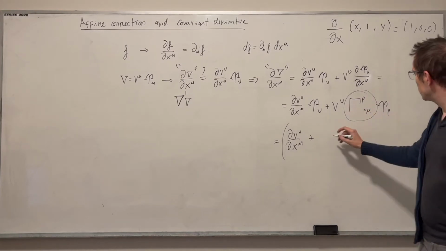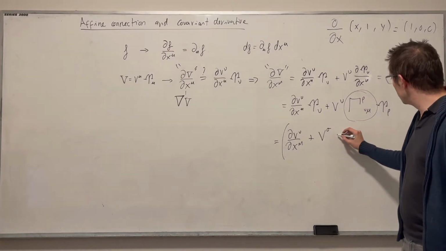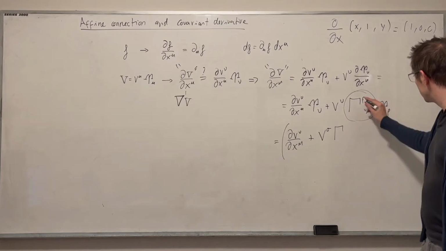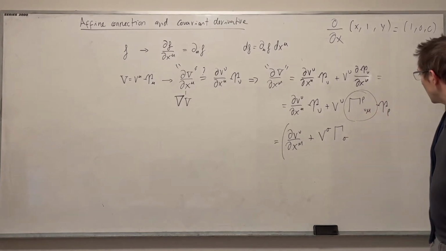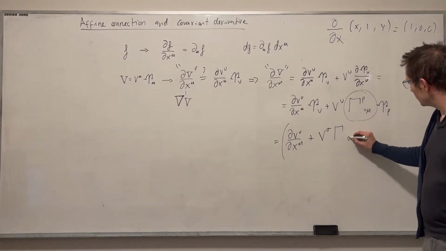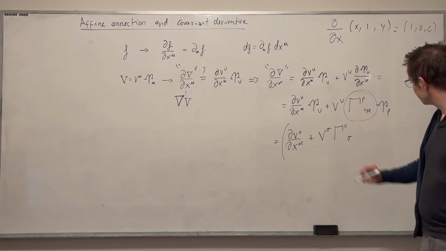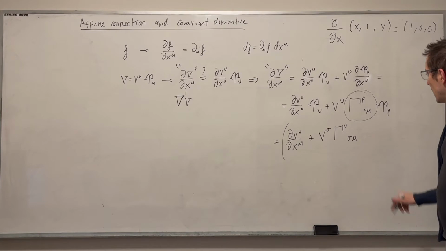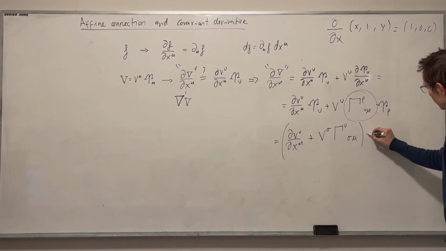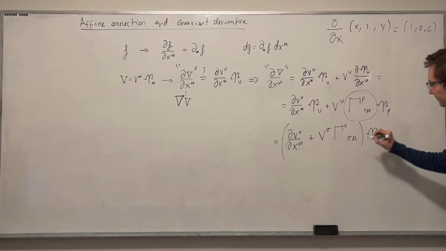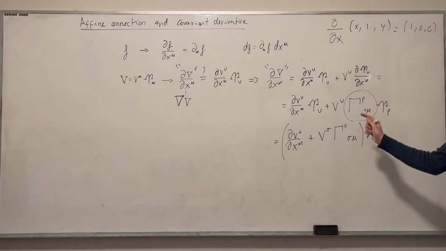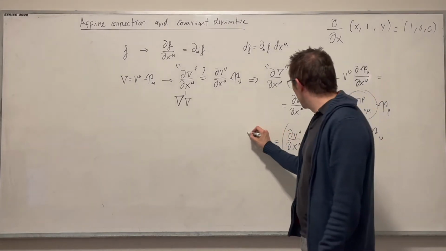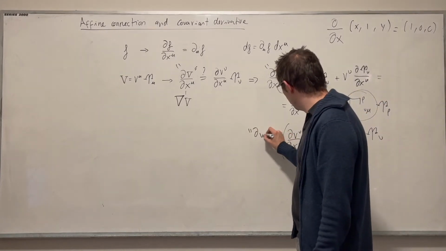I'm going to call this one v^sigma, and then this is going to be Gamma^nu_{sigma mu}, and the mu I can keep as it was. So I get here a common factor, epsilon_nu, for both of them. I just did a change of dummy indices.